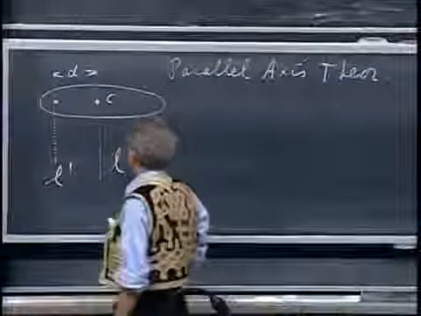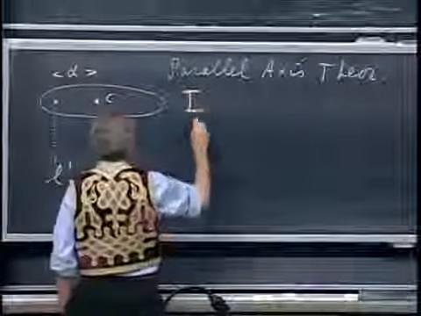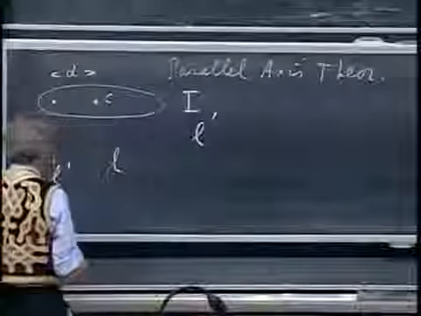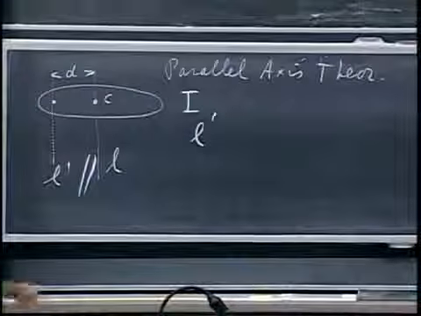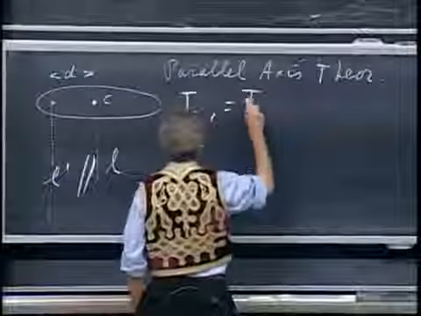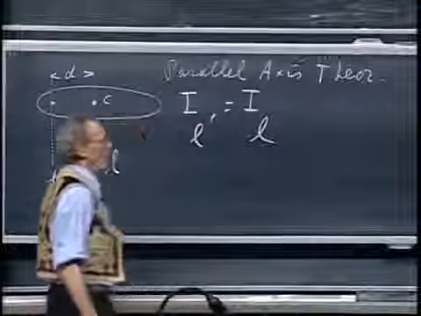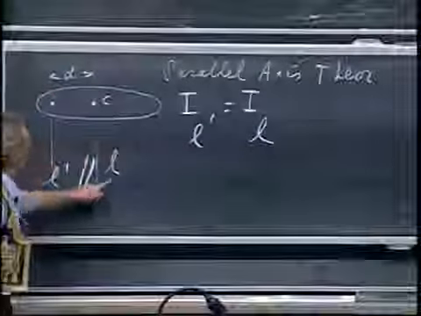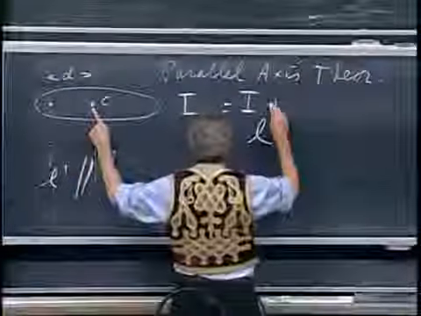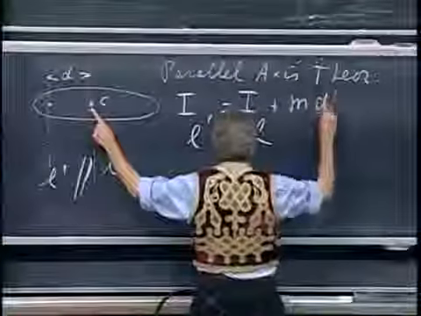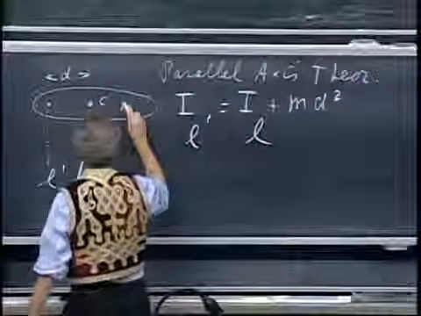And that says that the moment of inertia of rotation about L prime, provided that L prime is parallel to L, is the moment of inertia when the object rotates about an axis L through the center of mass plus the mass of the disk times the distance d squared. So this is the mass.